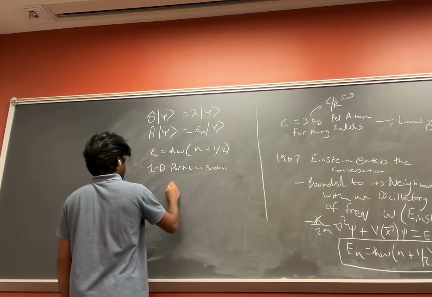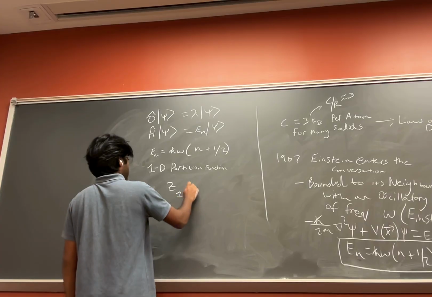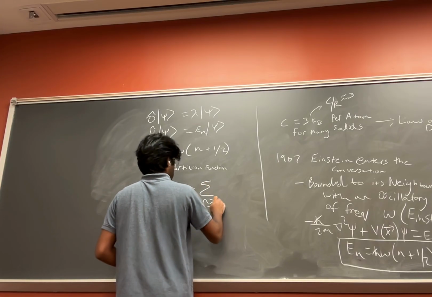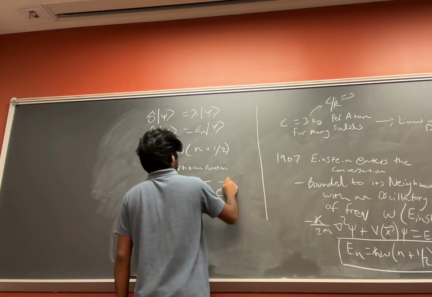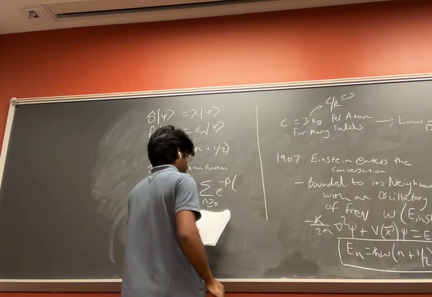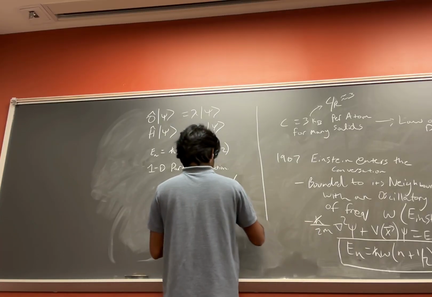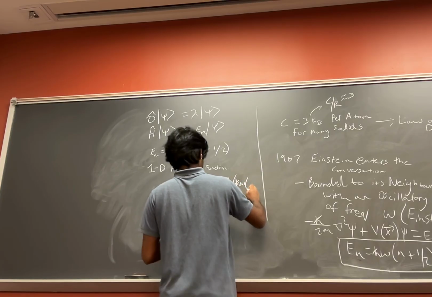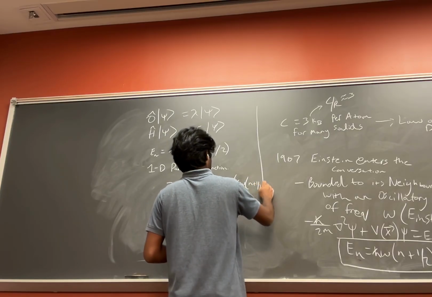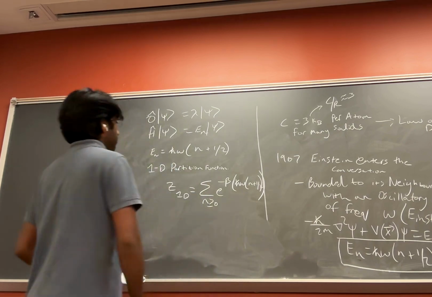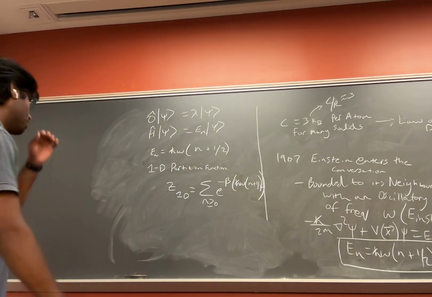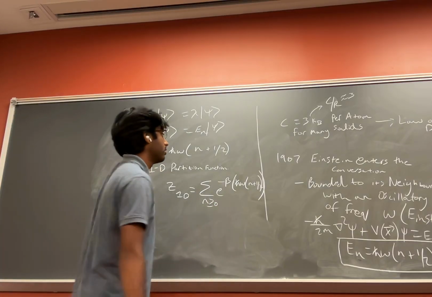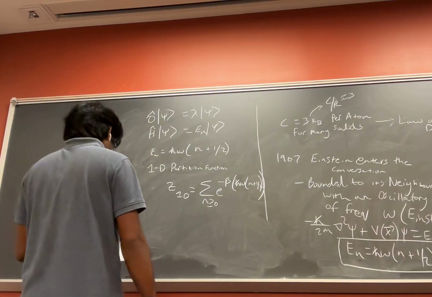So we get Z_1D equals the sum of e to the negative beta times the energy eigenstates, which is h bar omega times (n plus 1/2). Again, this is just the sum of the Boltzmann factor for each of the microstates of our system.